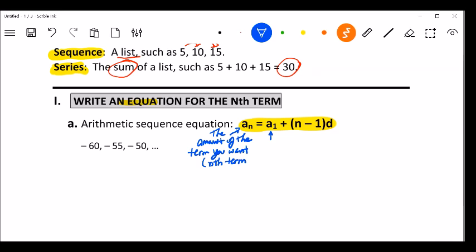A1, the 1 means the first term. So that's the amount of the first term.